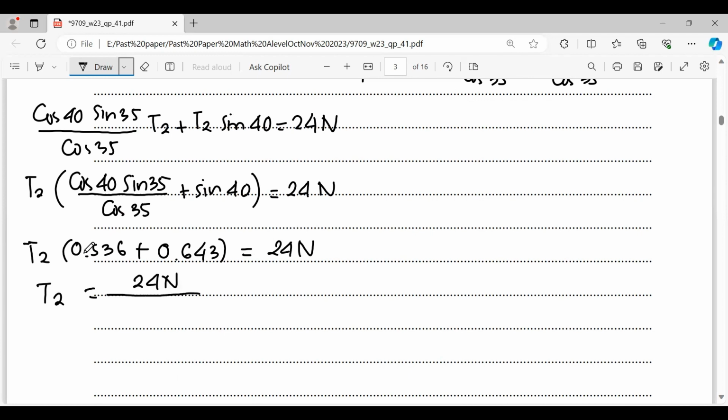So 0.536 plus 0.643 is 1.179. And it is 20.36 newtons.